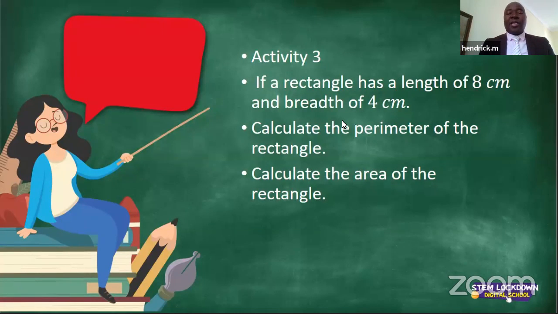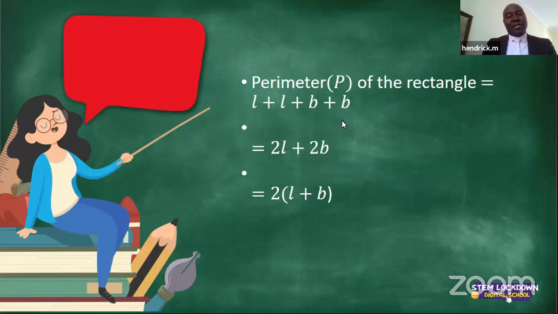As you can see in the previous slide, the perimeter is calculated by adding the 2 lengths and the 2 breadths, by saying L plus L plus B plus B. Now the formula to calculate perimeter will be 2 open bracket L plus B. So all that you need to do is to substitute.